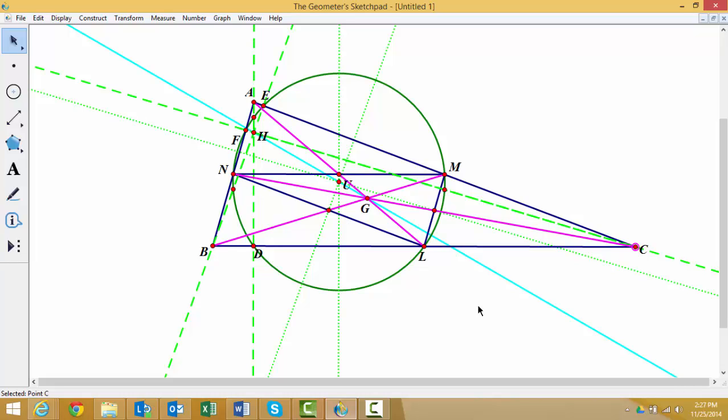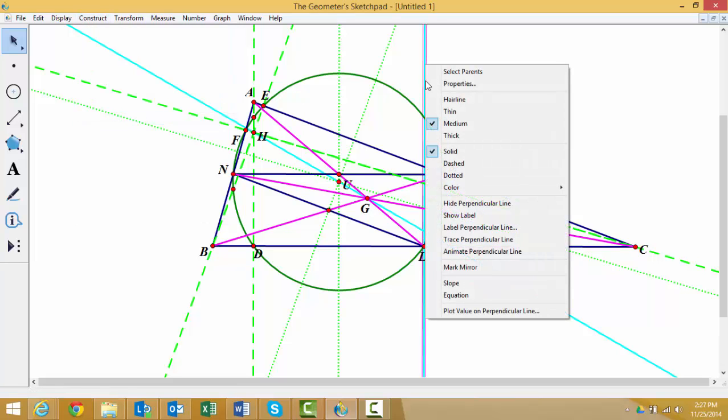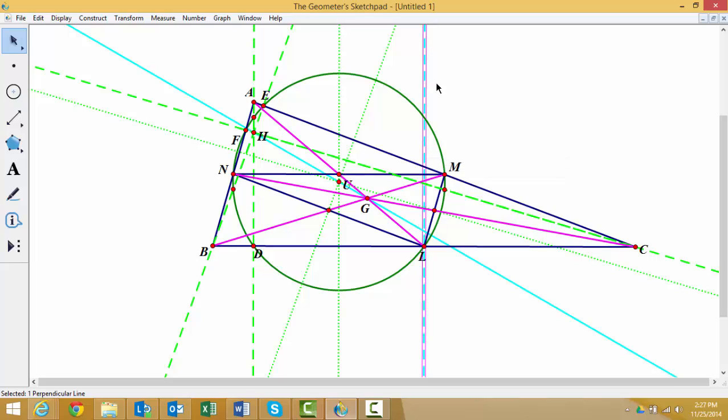So now let me draw perpendicular bisectors of the three sides of triangle ABC. Let me unselect everything, select the midpoint and then the side, and construct a perpendicular line. I'm going to make that a dashed line.